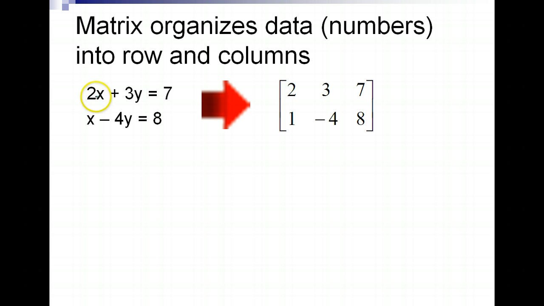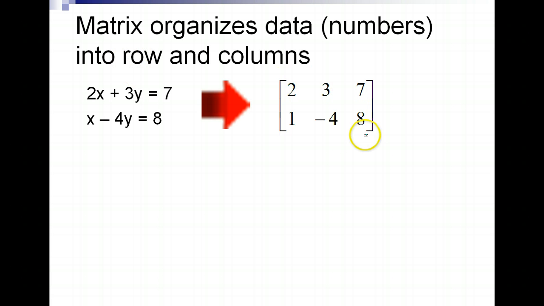The 2 for the coefficient of 2x is just a 2 in my matrix. The plus sign I can ignore. The equal sign goes away. In the next row, the coefficient of this x is 1. My minus sign goes into this 4 and becomes a negative 4. The equal sign goes away and I'm left with just an 8.